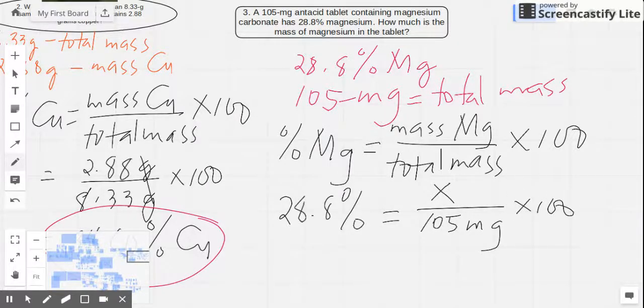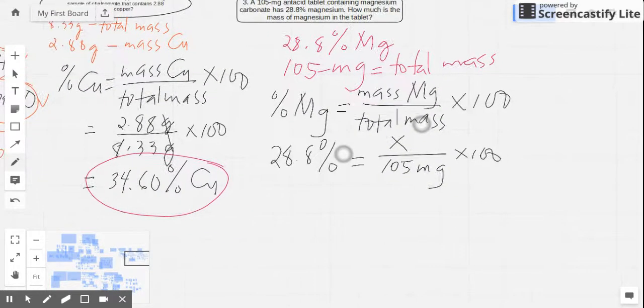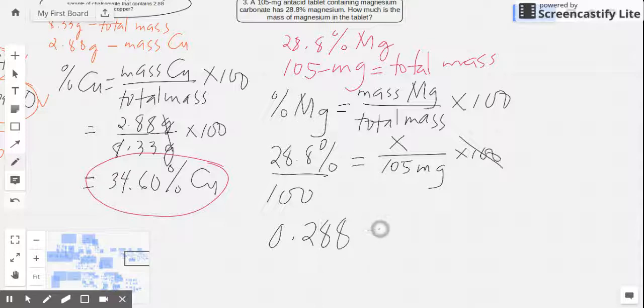So the way we approach a problem in percentage, remember that this percent has to be divided by 100 so that that 100 will be out. So we need to transfer the 100 from the right side, cancel that, so that your percentage will be divided by 100. So you're left with 0.288 is equal to X over 105 milligrams.